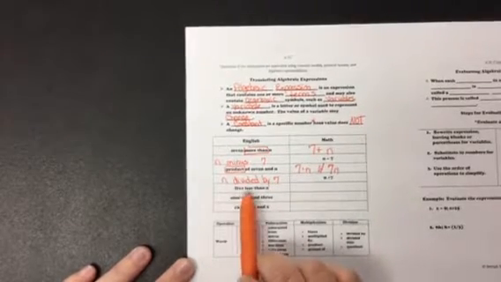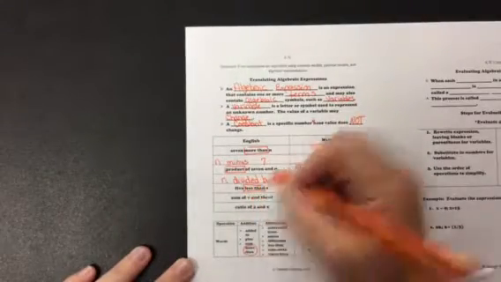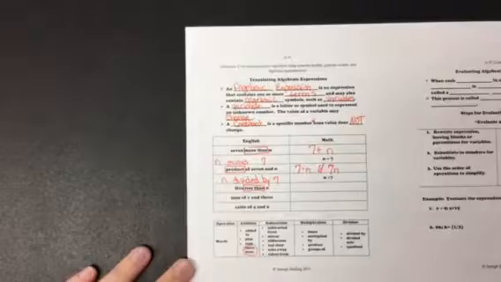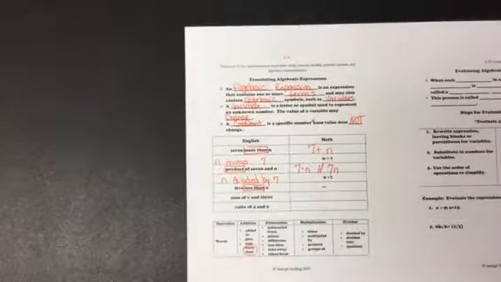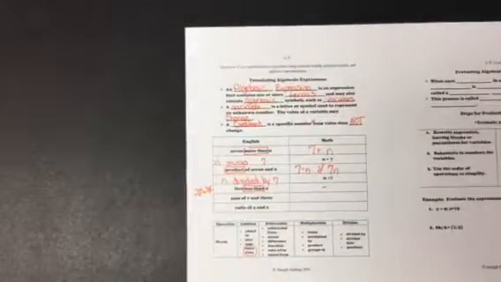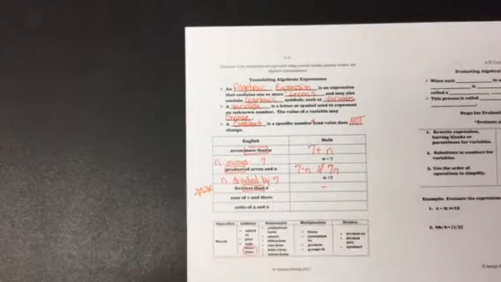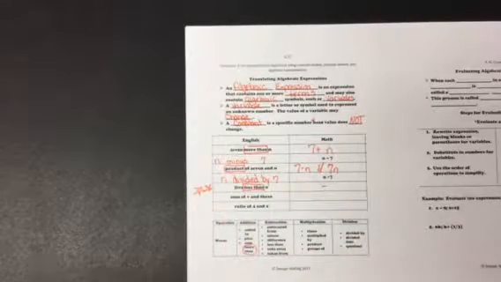All right. 5 less than n. I'm going to box in my keyword here. Less than tells me I'm going to do what? Subtract. Now listen to me very carefully, because I'm going to star this one. This is the type that most people miss. They know less than tells me I'm going to subtract, and then they just say, oh, 5 and then n. But we have to make sure we read it.